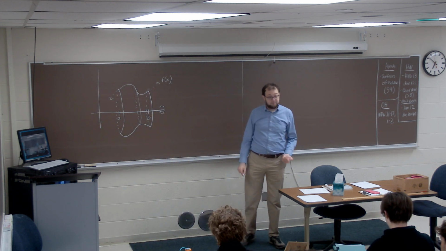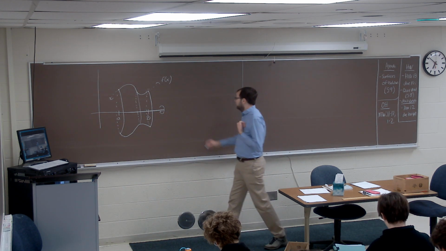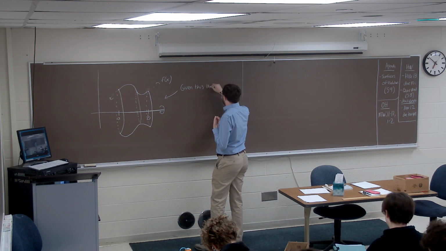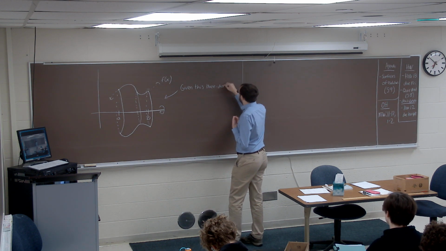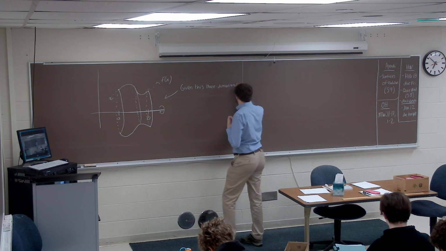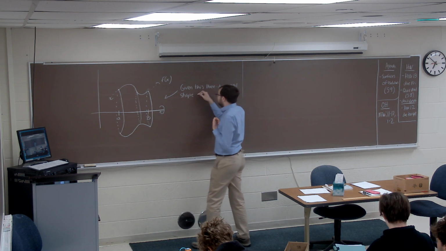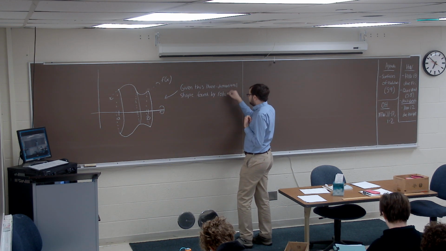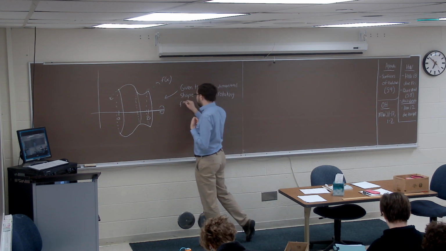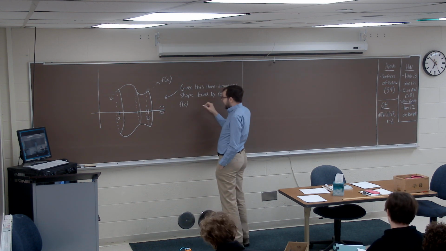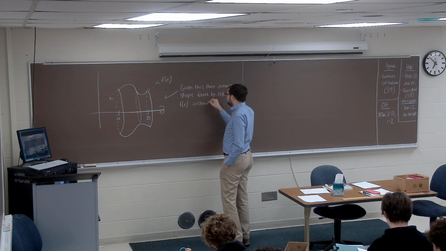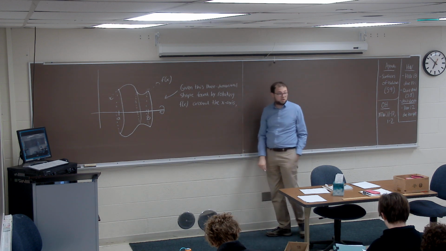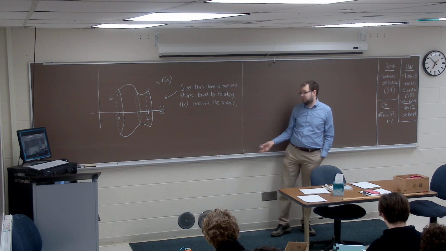And our goal for today is, given this three-dimensional shape found by spinning or rotating a function f of x around the x-axis, what is the surface area we are going to get of the resulting shape?